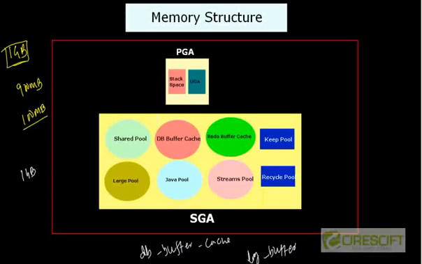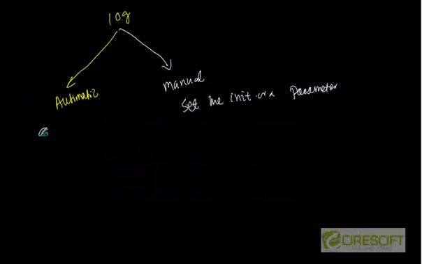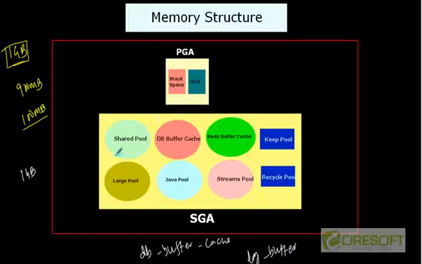That is why you need to set a parameter called sga_target. Let's say you set sga_target to 700 MB. In that case, all these pools are going to be set to a default value, and then they keep changing dynamically depending on the workload. One thing is that not all these pools can be changed dynamically.